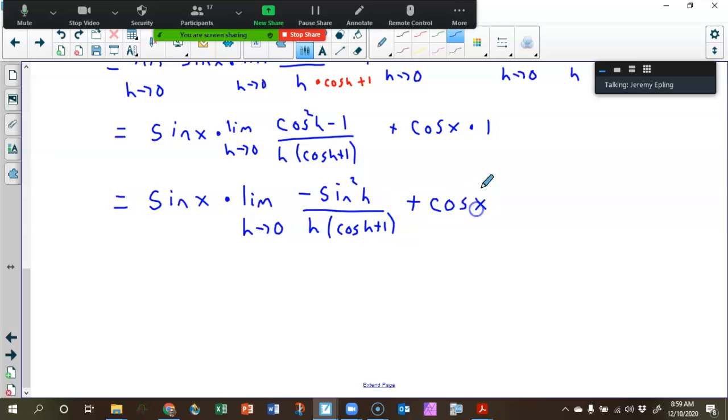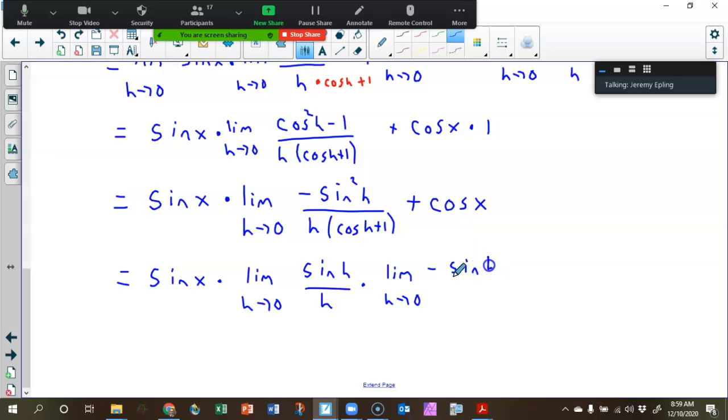That's just, of course, cosine. And use my properties of limits, and I can separate now into the goal that I was looking for. I've got the limit as h approaches 0 of sine of h divided by h times the limit as h approaches 0 of negative sine of h divided by cosine of h plus 1, or 1 plus cosine of h.